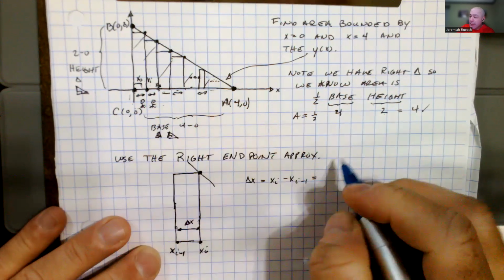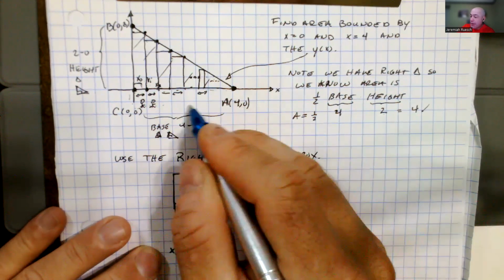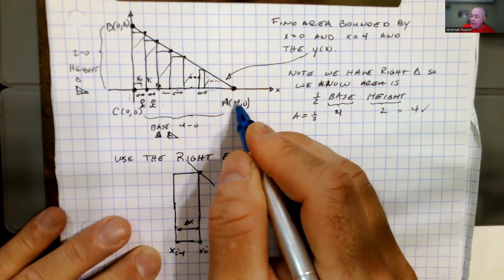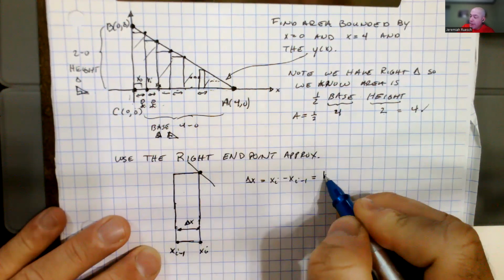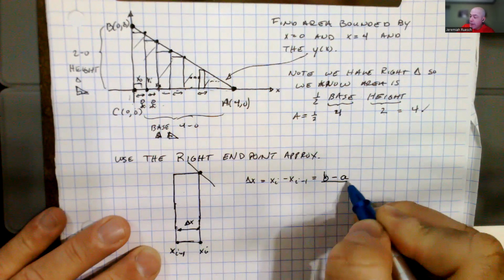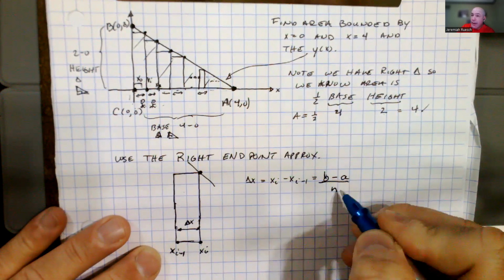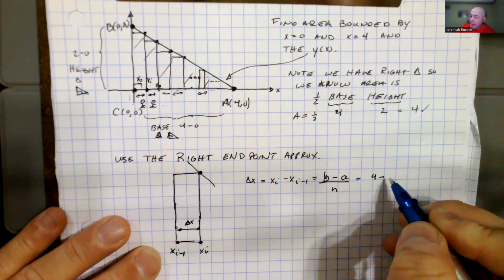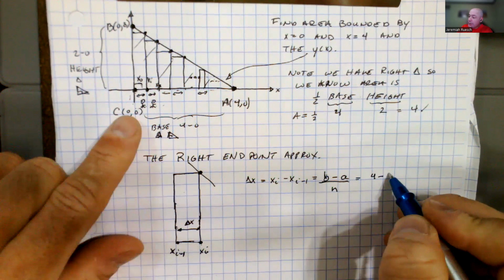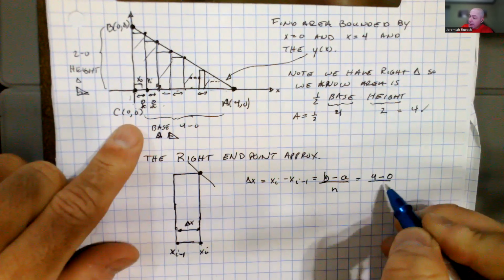So to determine the length, we're going to take the value of the x component here. We would call that b minus a over n in a general sense for the notation, but for us, b is 4 minus a, which for us is 0, and then dividing that by n.